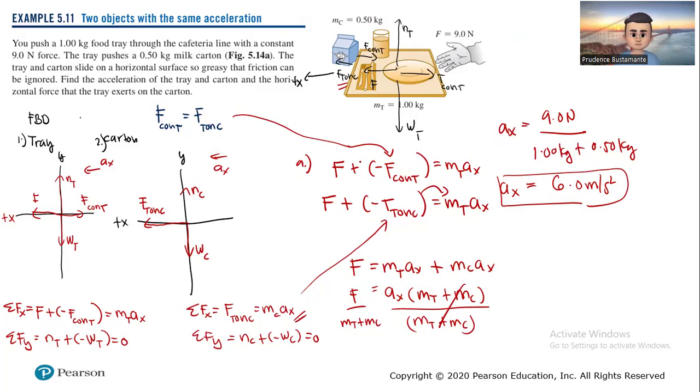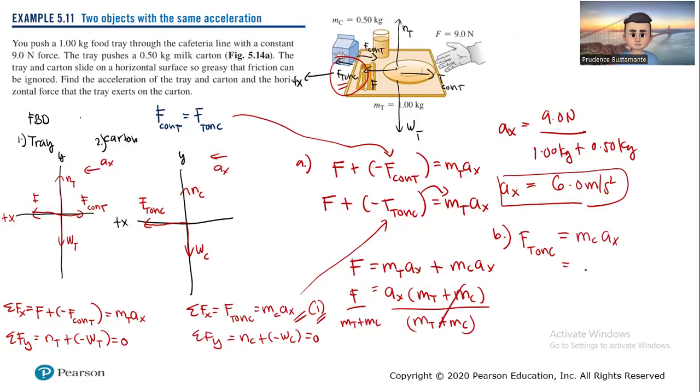So now let's find the horizontal force that the tray exerts on the carton. From this equation here, this is for B: the horizontal force that the tray exerts on the carton is just equal to the mass of the carton times the acceleration.